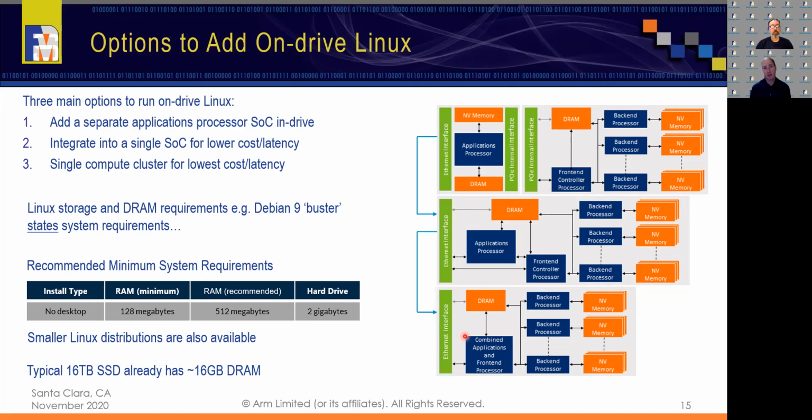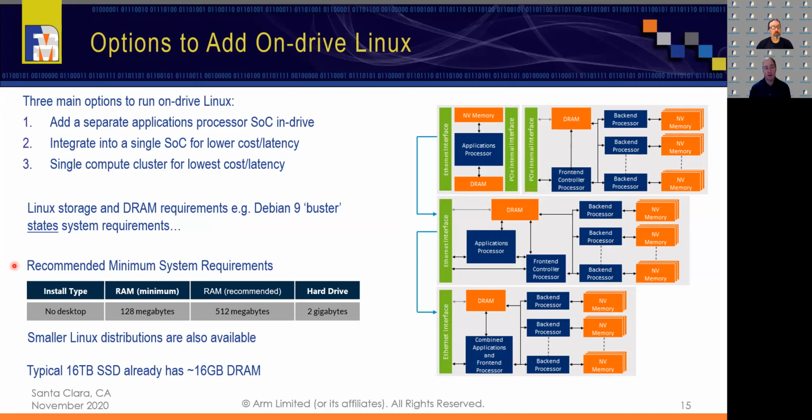But first I want to mention, if you look over on the left-hand side of this slide, we've got an example of a fairly recent version of Debian 9 Linux and what its system requirements are. So it needs a minimum of 128 megabytes, and maybe it prefers 512 megabytes of DRAM and 2 gigabytes of hard drive capacity for the installation.